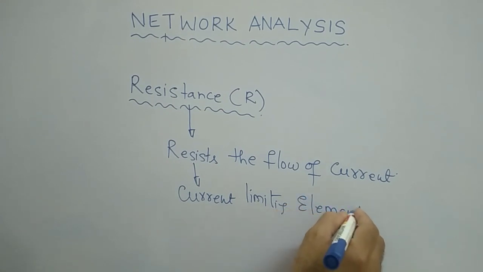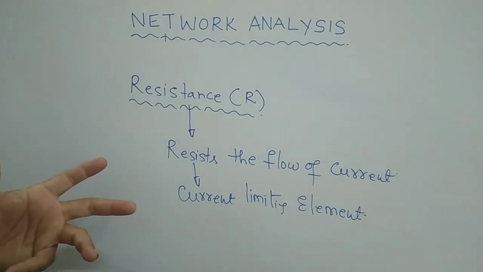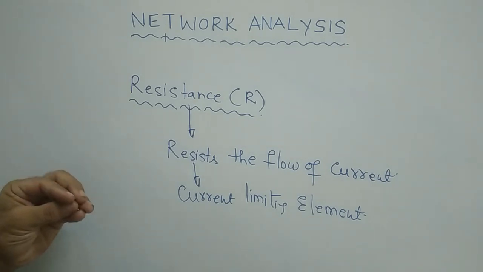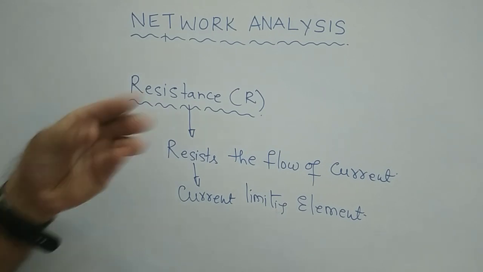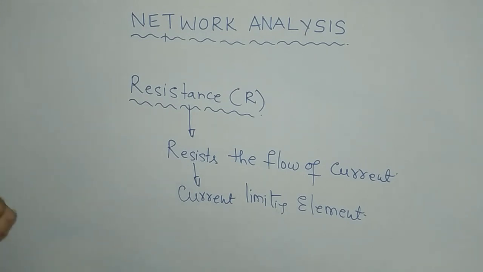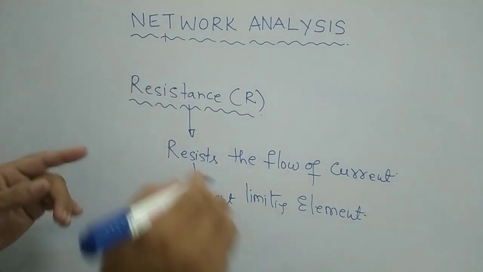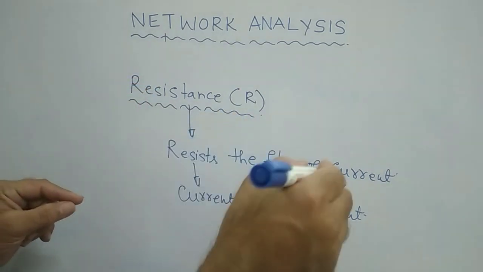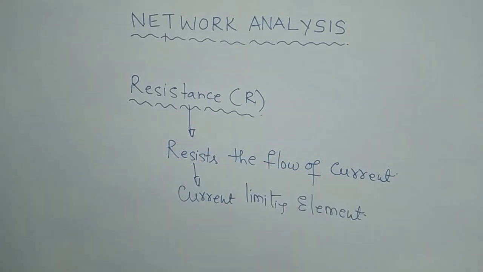That's why in most of the electrical circuits, if you see practically, the voltage will not be connected directly to any other element. So the voltage must be connected through a resistor only. There is a resistance between the other elements and the voltage. So the intermediate must be a resistance.